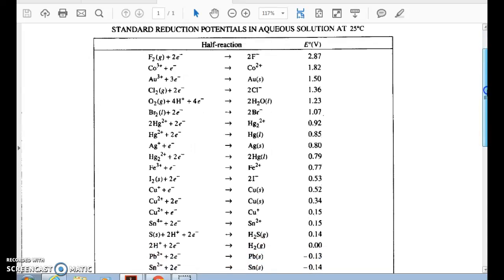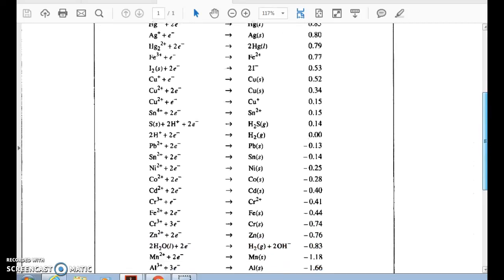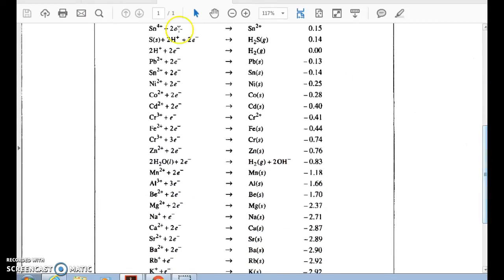Now all of these are written in the reduction direction, and so I can see as I scroll down, I have the nickel half reaction of nickel 2+ plus 2 electrons becoming solid nickel, and it has a standard reduction potential of negative 0.25 volts. And then I have the zinc one down here of zinc 2+ plus 2 electrons going to zinc metal with a value of negative 0.76 volts.